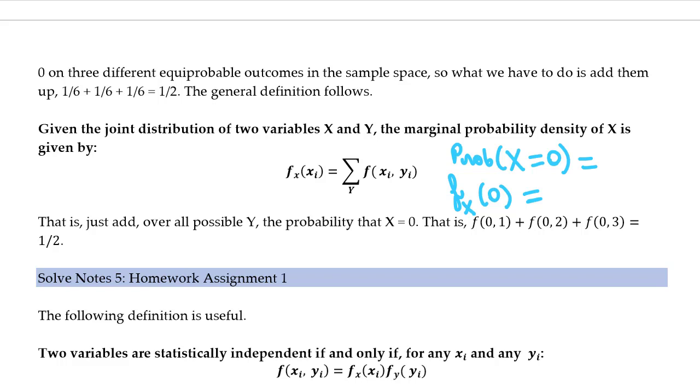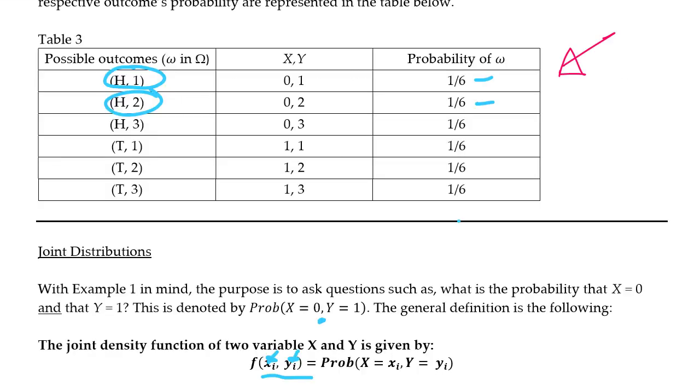Well, notice that there are 3 possibilities where x can be 0. When y equals 1, when y equals 2, when y equals 3. So what I do is I add these probabilities here. Okay? So I am adding for different y's, but keeping my x fixed equal to 0. And that is what this notation means.